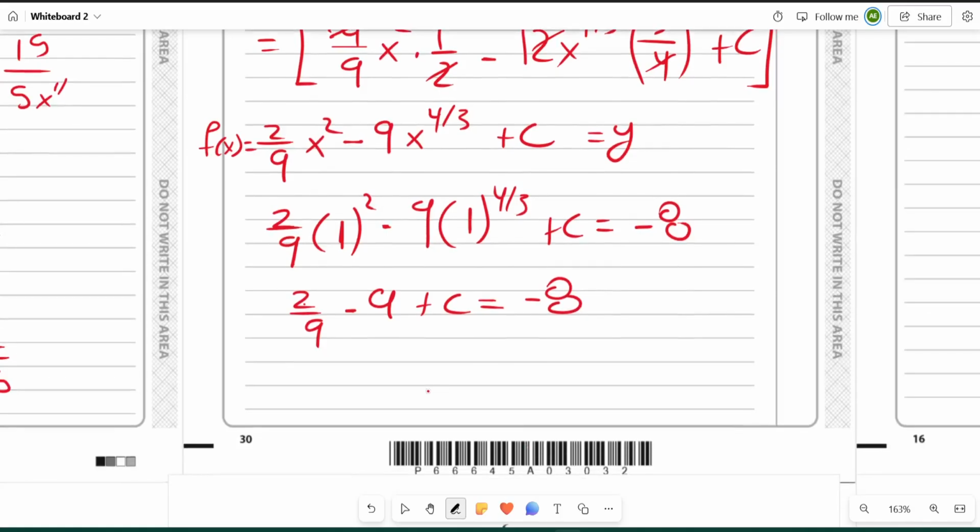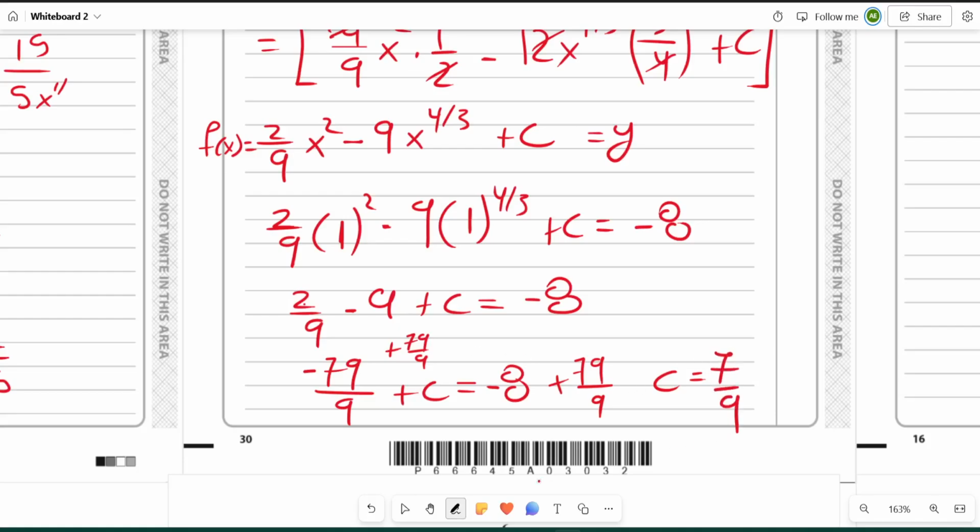So 2 over 9 minus 9 is going to give me negative 79 over 9 plus c equals minus 8. So adding 79 over 9 to both sides will give me the value of c. So c equals negative 8 plus 79 over 9, which is going to equal 7 over 9. So you have to rewrite everything.